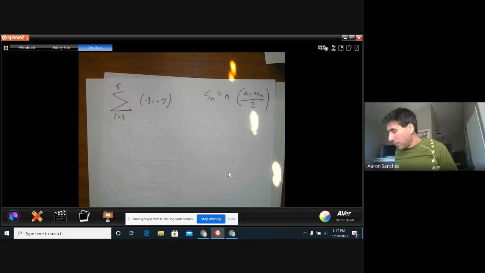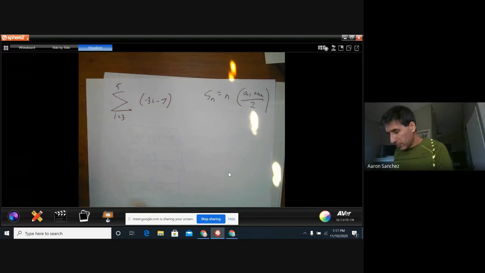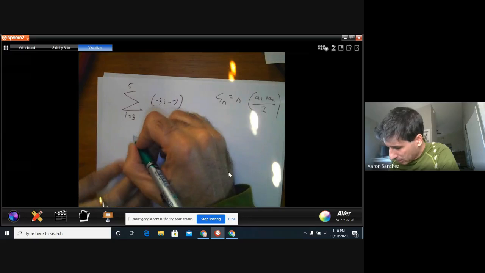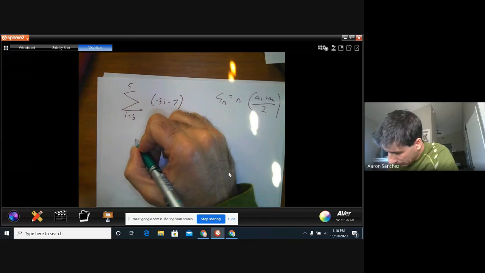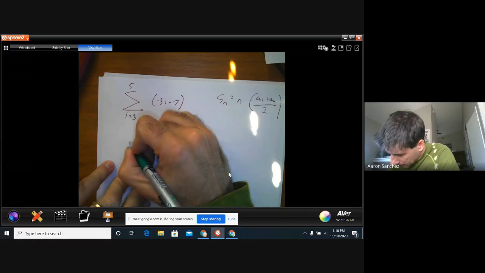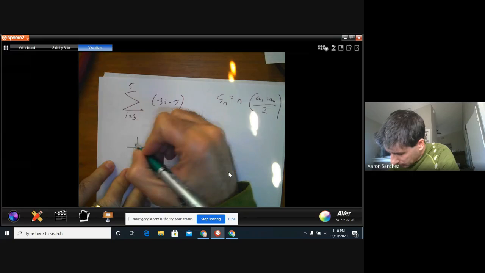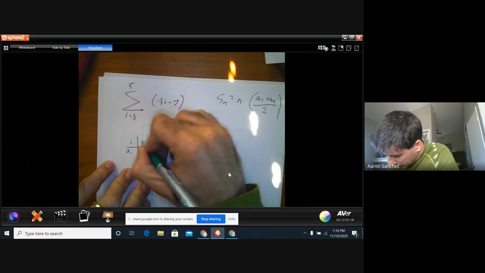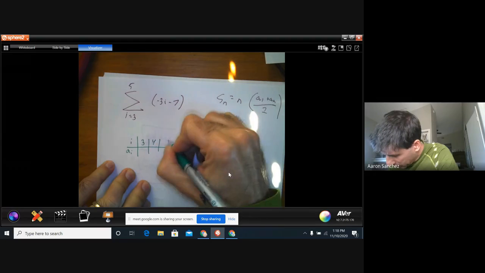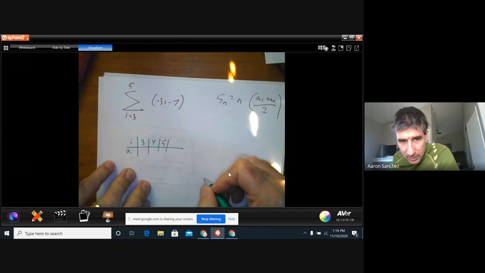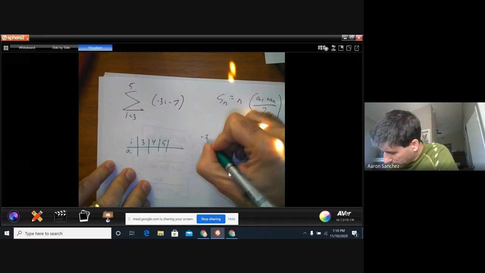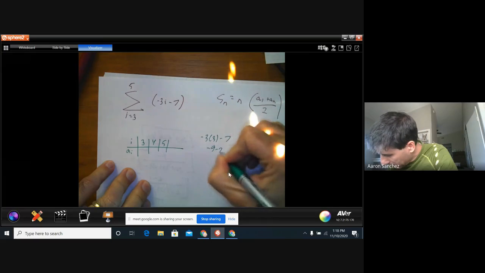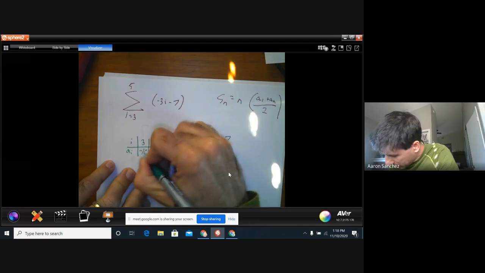There's a couple ways we can do this. One, we can just plug in 3, plug in 4, plug in 5. So you plug in 3, get negative 3 times 3 minus 7, which is negative 9 minus 7, which is negative 16.